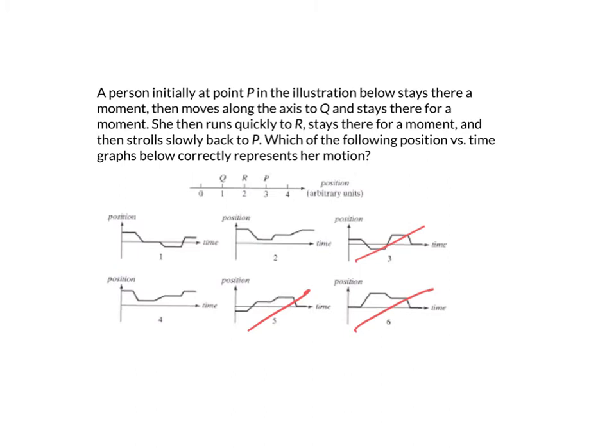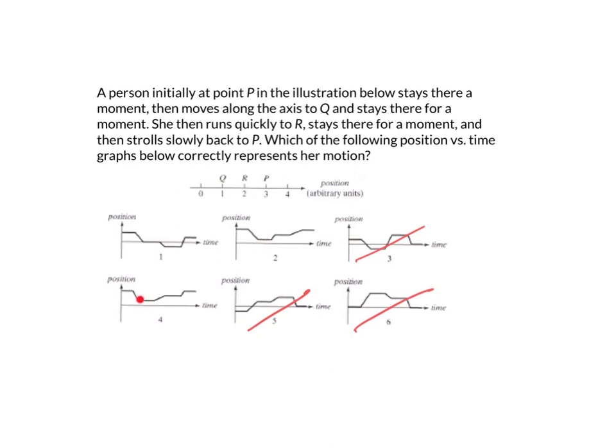Then the next part of the story is the person moves along the axis to point Q. Point Q, you see here, is located only 1 unit to the right of the origin. So Q is a position that is a relatively small positive number. Choice 2 and choice 4 are consistent with this observation.